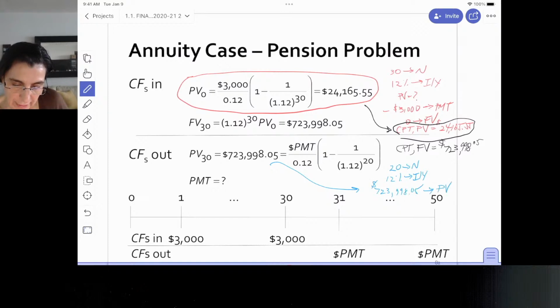Now to get exactly the number that I have, you should store this number here in your calculator, all right? You can store it as a positive, you can store it as a negative. I think I stored it as a negative in the example. So you can change it to a negative using that key.